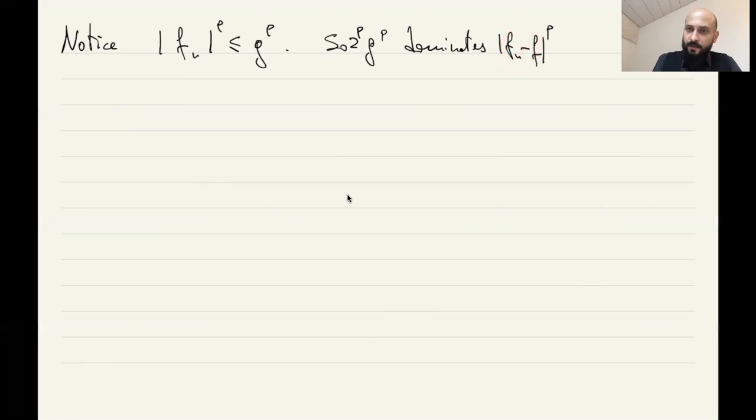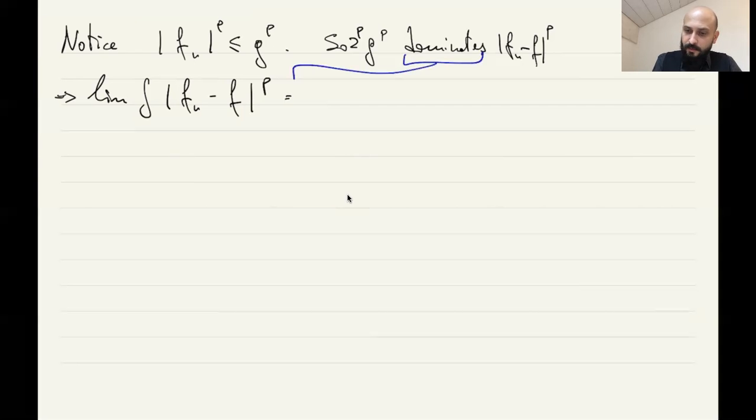Okay, so what we get is the limit of the integral of |f_n minus f|^p, so the p norm of this difference, by the dominated convergence theorem. We can swap the integral with the limit, so the limit of the integral of |f_n minus f|^p d mu, and this is equal to 0.